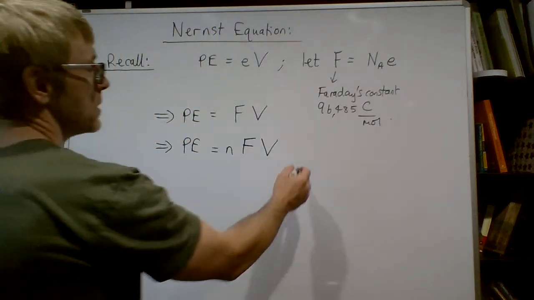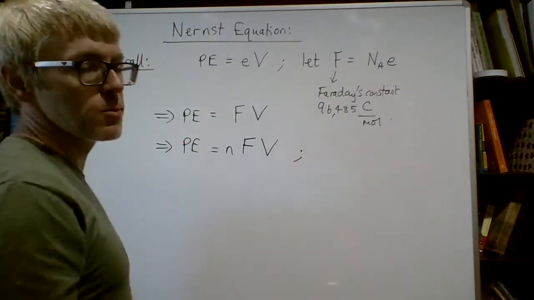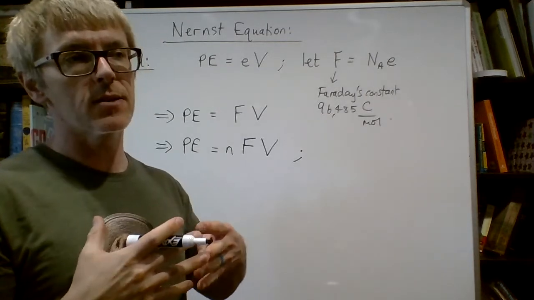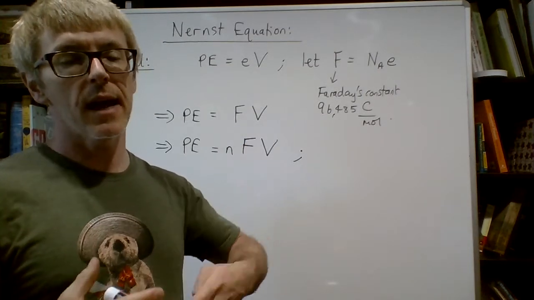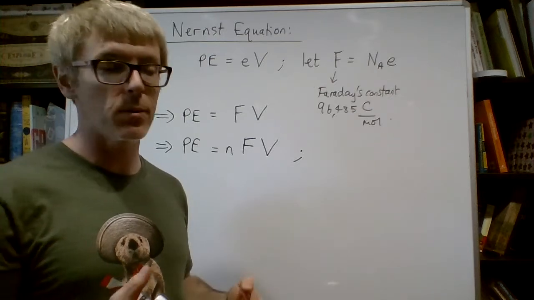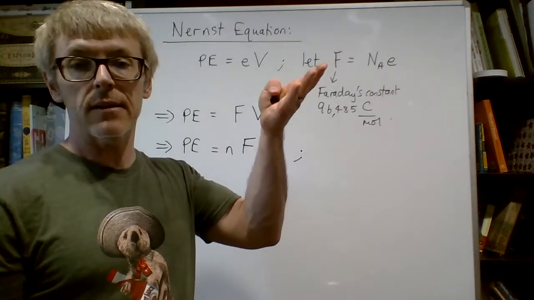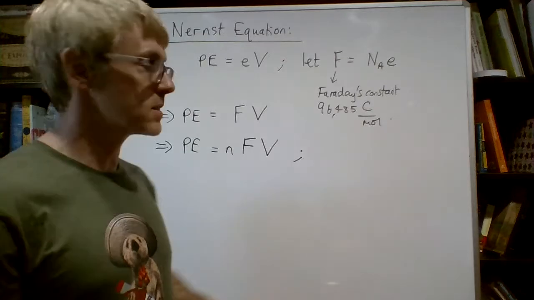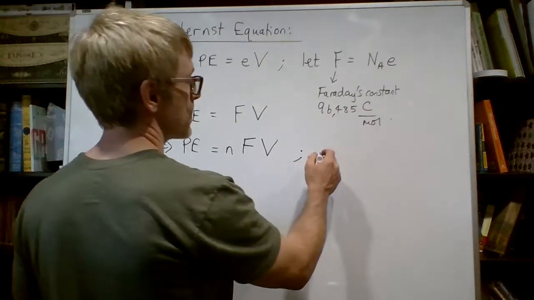And then recall that by definition, potential energy tends to be negative of other types of energy. So for example, an increase in kinetic energy is the equivalent decrease in potential energy.